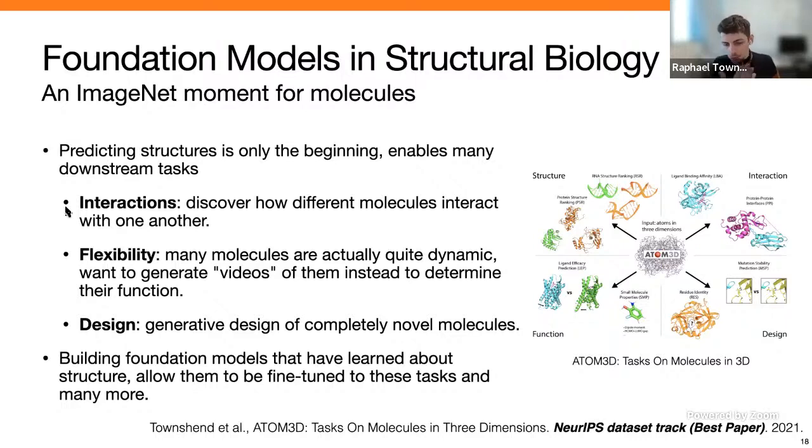And I wrote a little bit of what I call an opinion piece on this kind of work, this Atom 3D, tasks on molecules in 3 dimensions, really laying out how there's this whole wealth of different interesting problems in this structural bio / RNA space that you can tackle through these machine learning methods. And I guess it's really what I want to leave you with here.